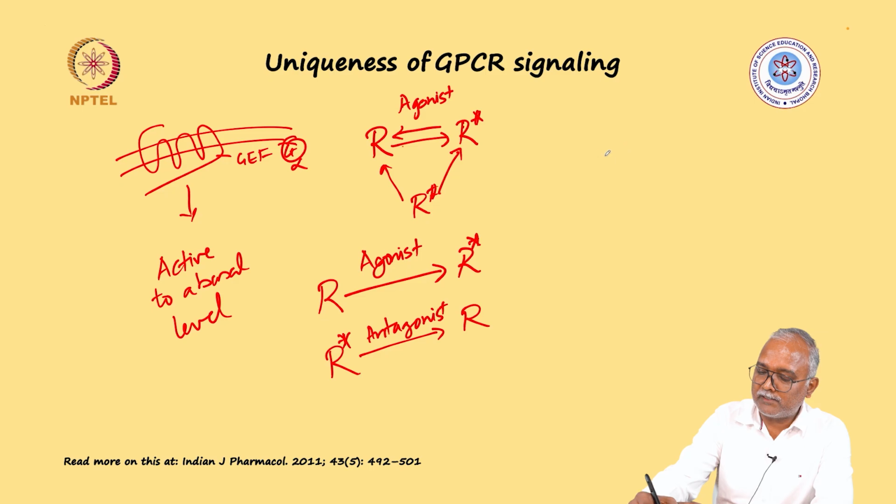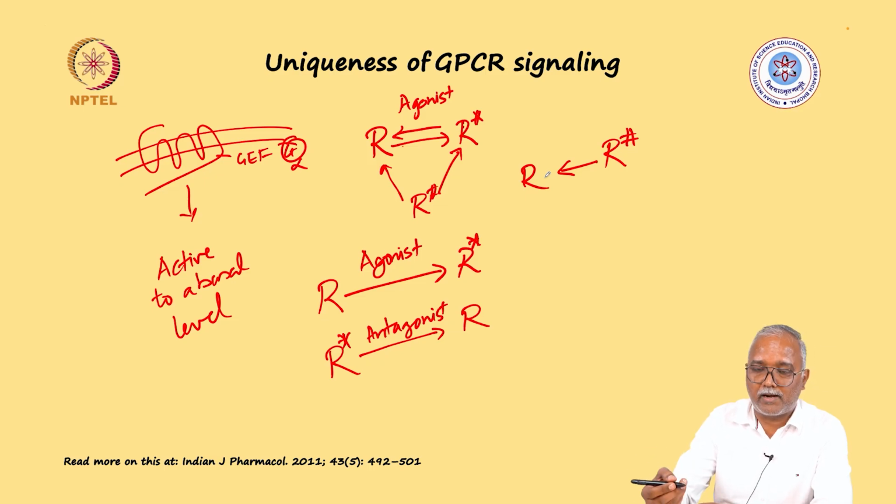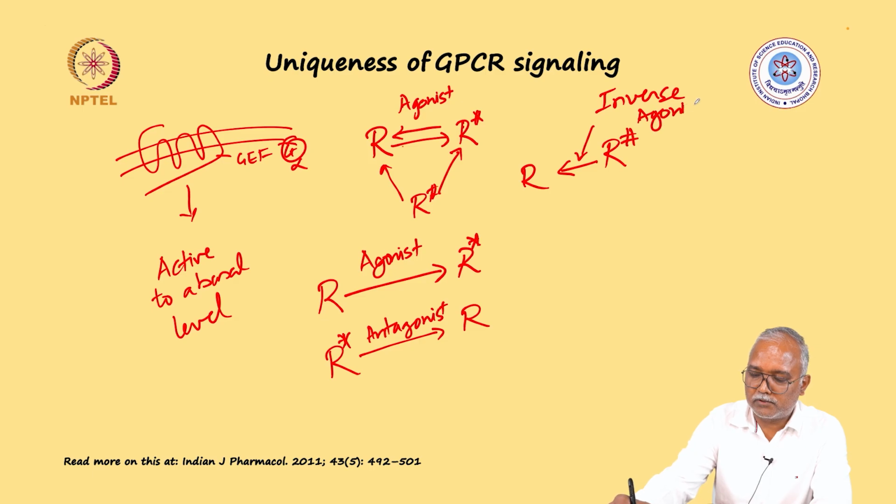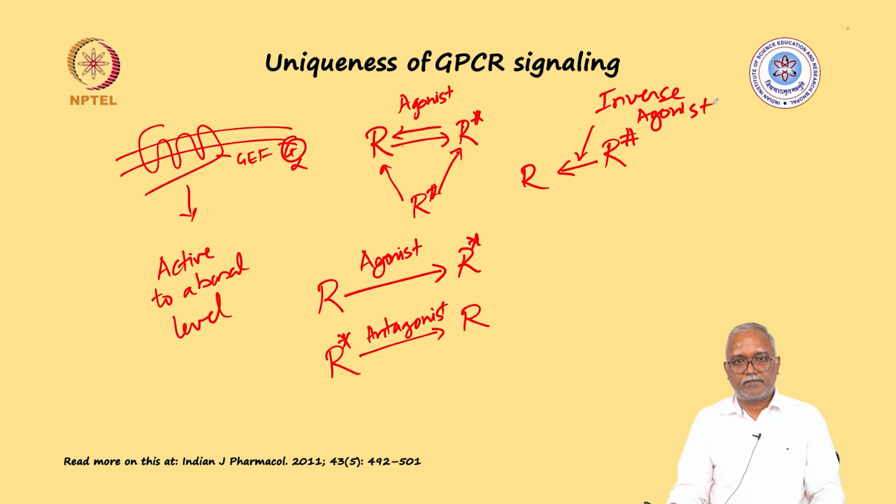Basically, inverse agonist means that this state of R, which was the intermediate stage, from here the receptor will go into the inhibited state. So it is doing the job which is opposite to the antagonist. That is why this is called inverse agonist activity.